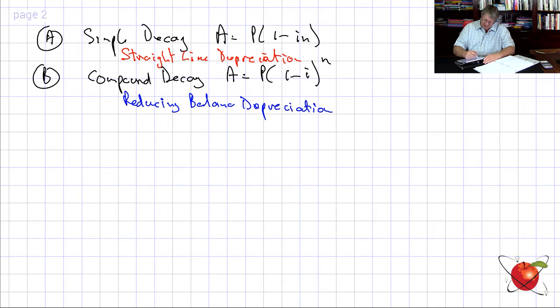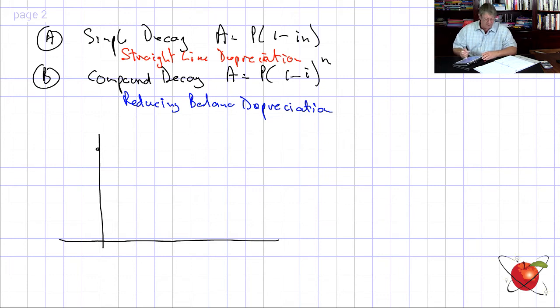Now, if you actually went and plot these, all right, you get something that looks like this. Okay, for example, this is time, and this would be the value in whatever currency you chose. Could be dollars or whatever the case might be.